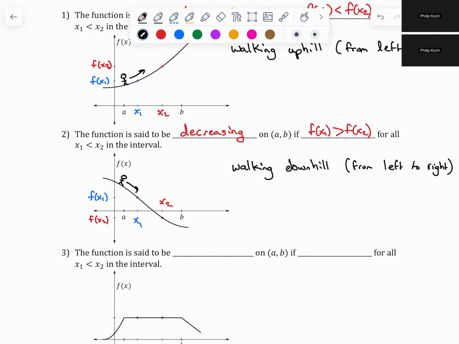All right. A function is said to be constant on a comma b if f of x sub 1 equals f of x sub 2, meaning that the y values are always the same. The y values are always the same between a and b, no matter which values you pick.